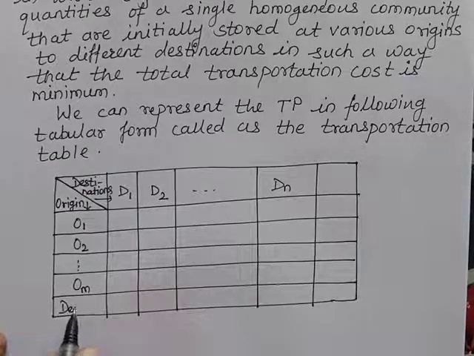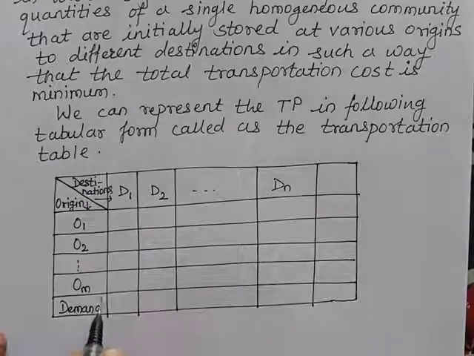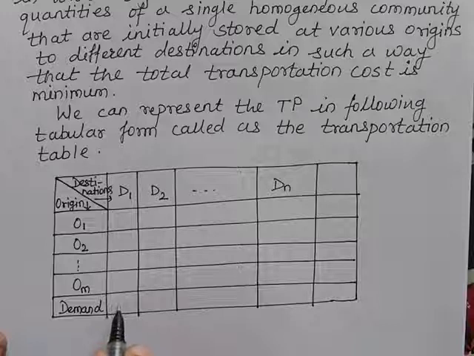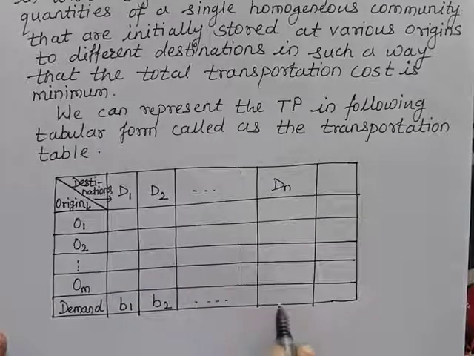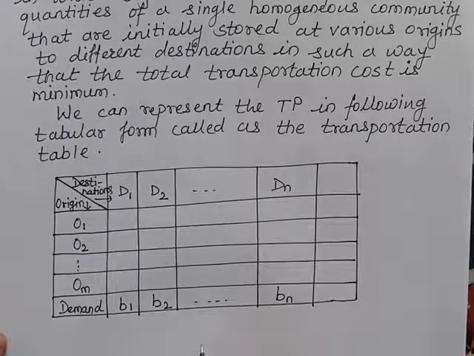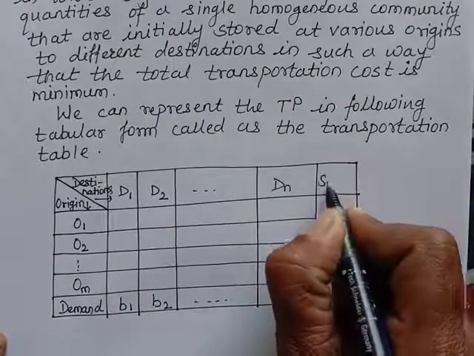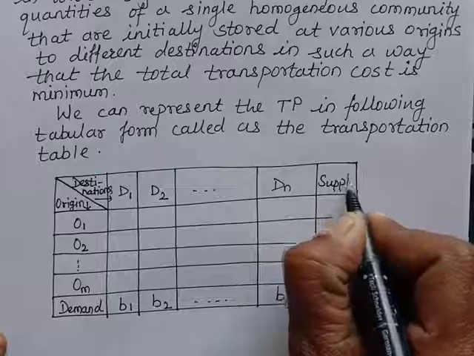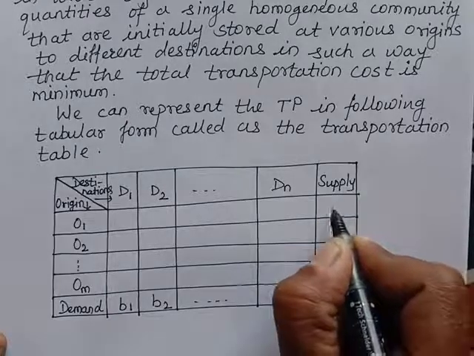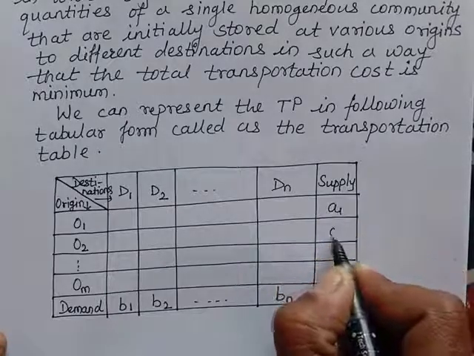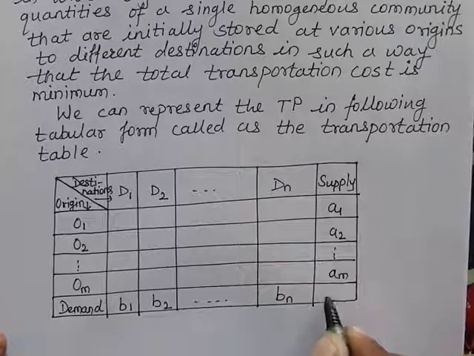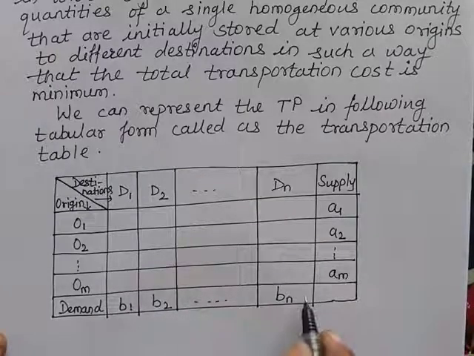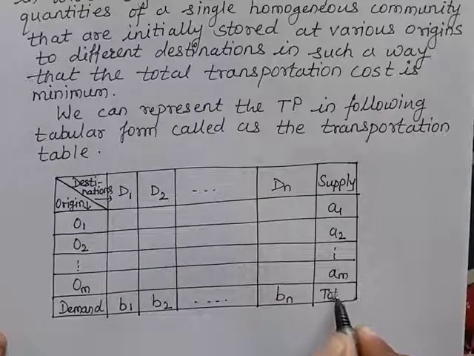Here demand is suppose B1, B2, and so on up to Bn. And here supply, suppose A1, A2 and so on up to Am. And here this demand and supply, this total is here.